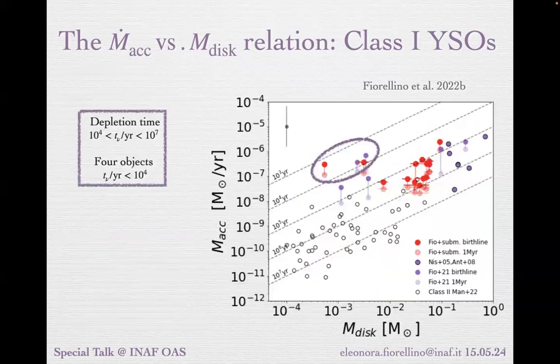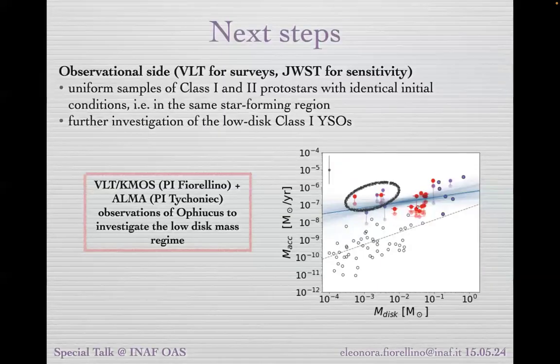And by investigating those objects, we understood that those objects are strange in the sense that their depletion time, which is the time by which the disk is completely dissipated, is too short. It's just too short, shorter than 10 to the 4th years. So there are many possible interpretations for this, but what we've done is to ask for more data to understand whether those objects were only outliers or not.